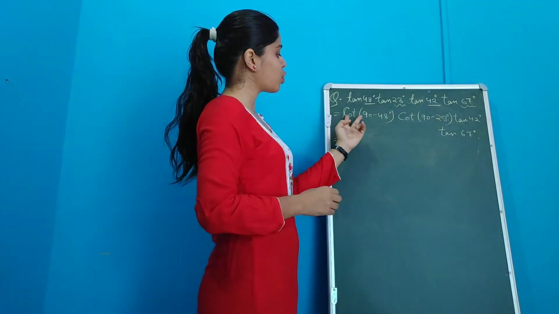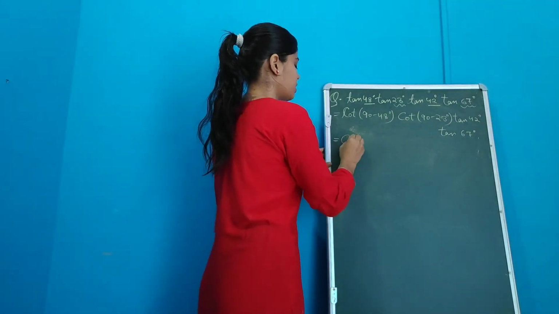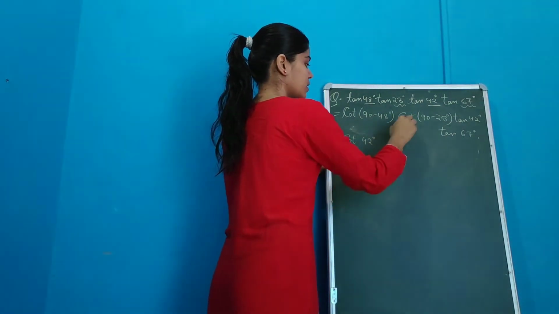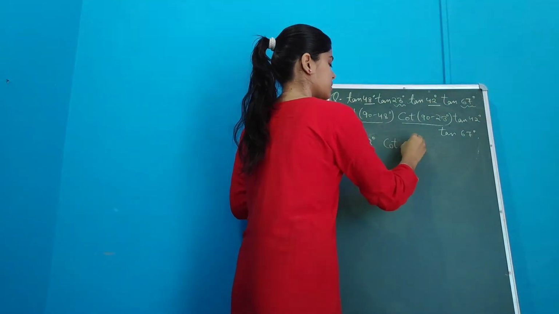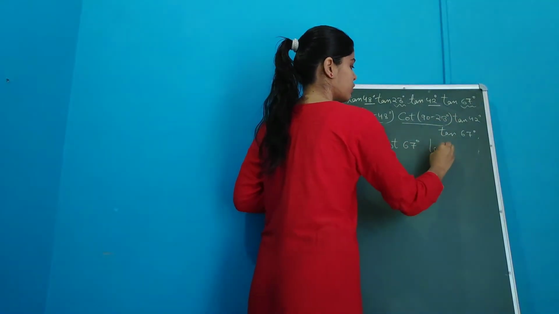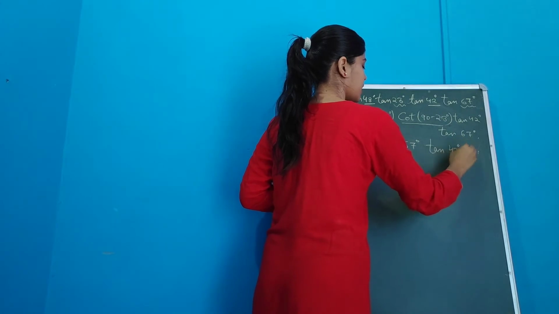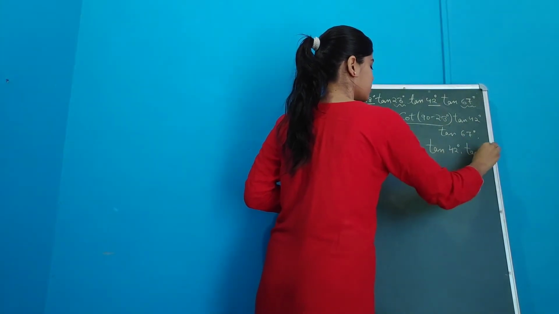Now cot of 90 minus 48 becomes cot of 42 degrees, then cot of 67 degrees, then tangent 42 degrees and tangent 67 degrees.